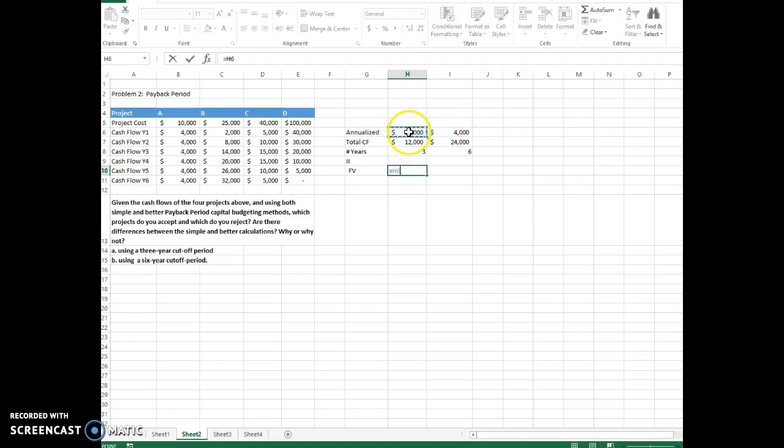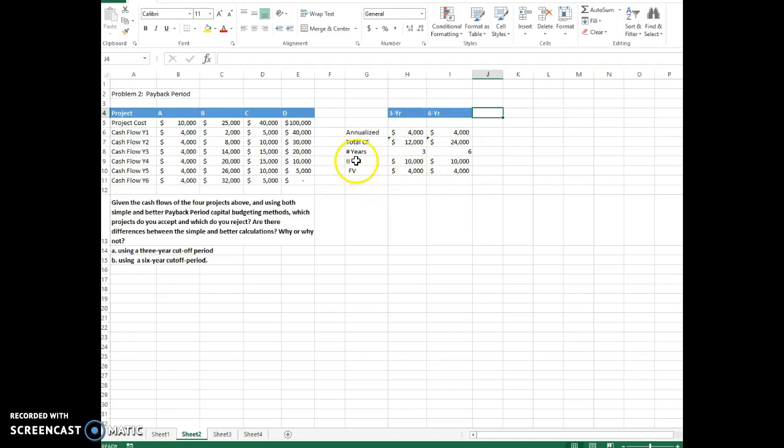So that's going to be here. And in this case, this one is going to be here. So our initial investment doesn't change. That's going to be the project cost. This is going to be the same. That doesn't change. So whether we're looking at a 3-year or a 6-year, doesn't matter, okay?